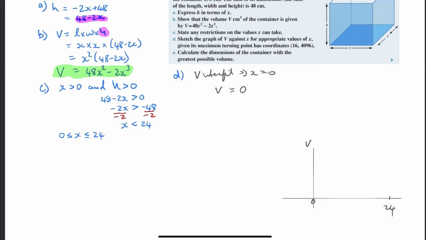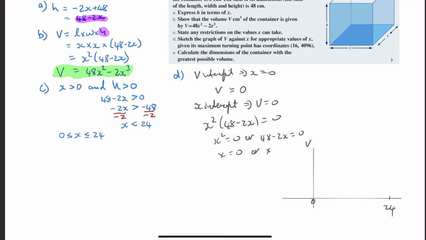And my x-intercepts are where y equals 0, or where V equals 0. If V equals 0, then 48x squared minus 2x cubed equals 0, which means x squared is 0, or 48 minus 2x equals 0, which means x is 0, or x equals 24.